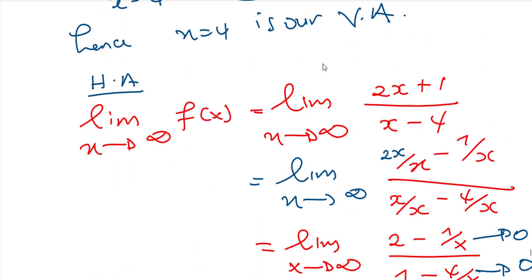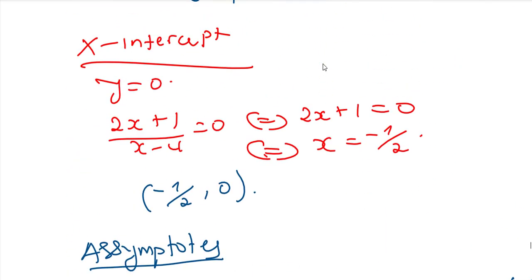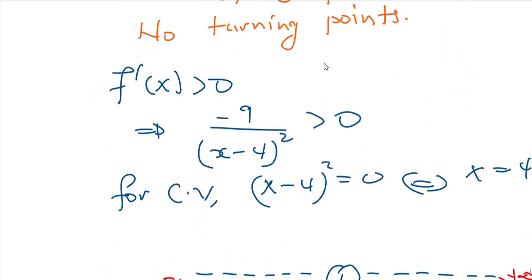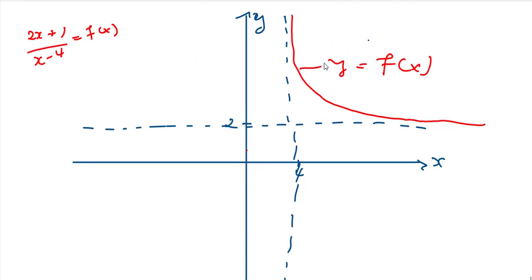The intercepts are: x is negative half, y is 0. Let's say our negative half is here, y is 0. That's the point. And the next was when x is 0, y is negative 1/4. Sorry for that error.